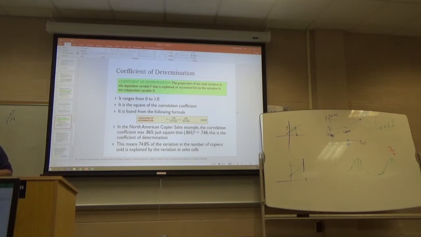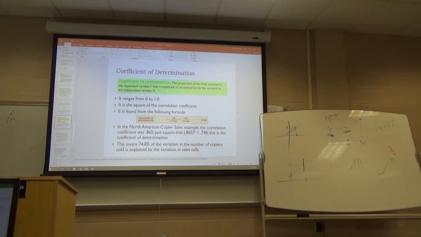But what is that letter when we solve for it? R squared. So you've got that formula, or you can just square your r. Got me?